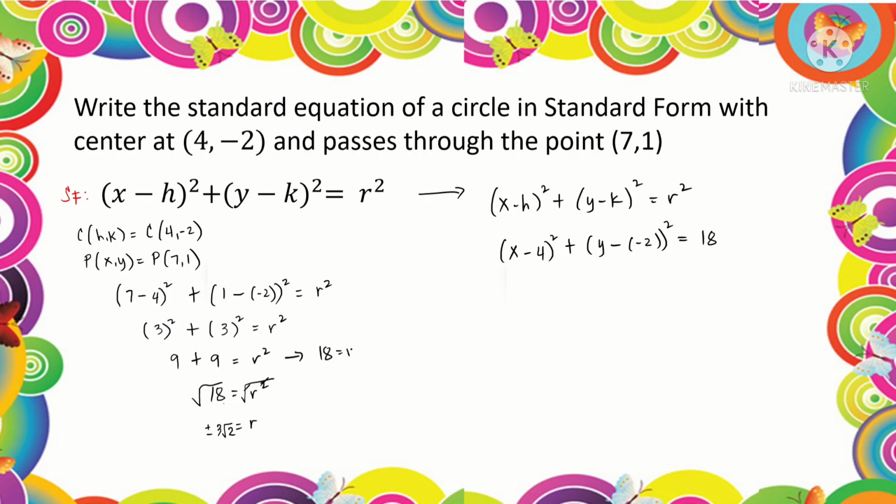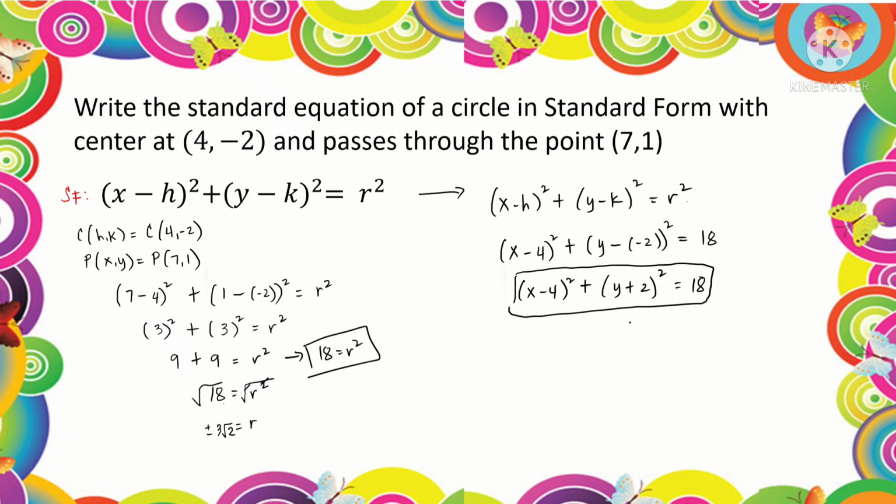So, 18 is equal to r squared. Simplifying again, because we have this another grouping symbol. x minus 4 to the power of 2 plus, this will become positive, y plus 2 to the power of 2 equals 18. Then this will be your final answer as the standard form of the equation of a circle.